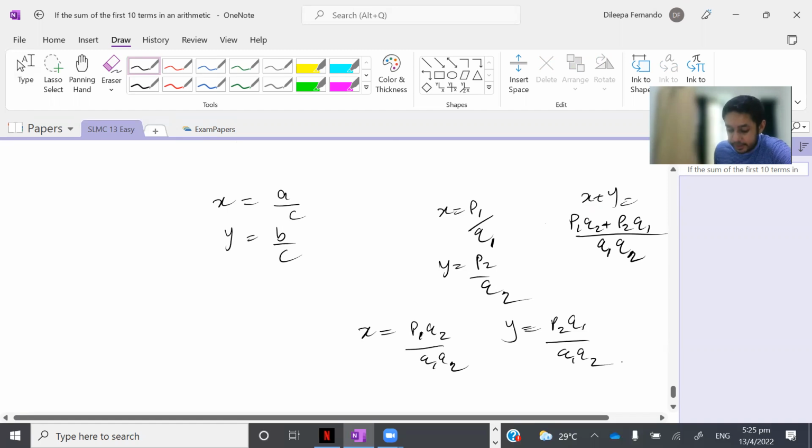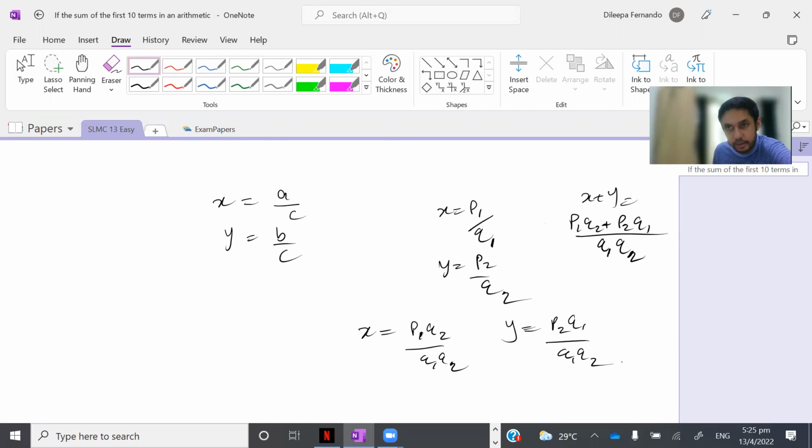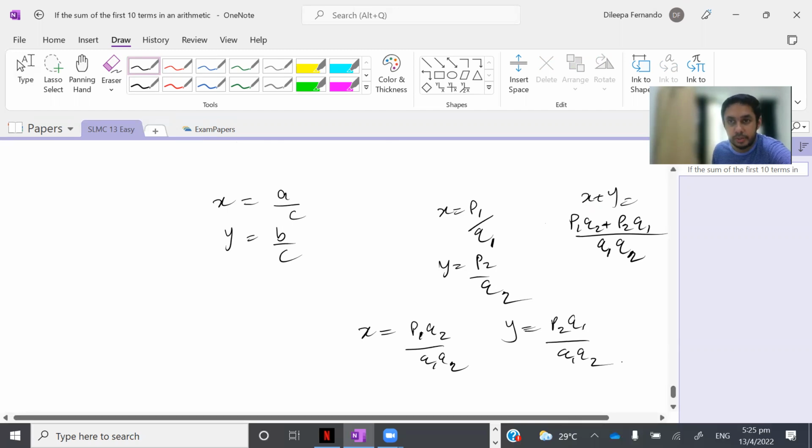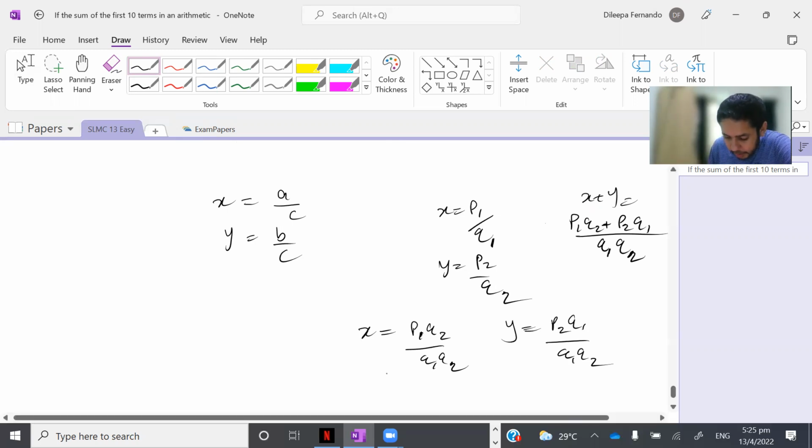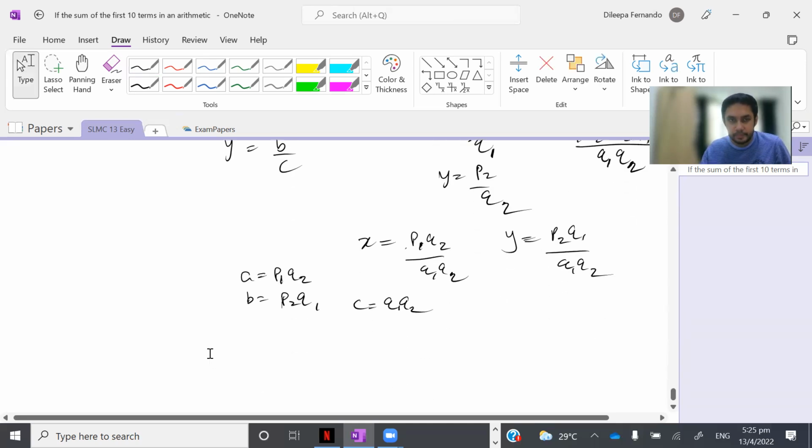That means for any x and y, we can find three integers a, b, c, not necessarily positive, such that x and y can be represented like this.